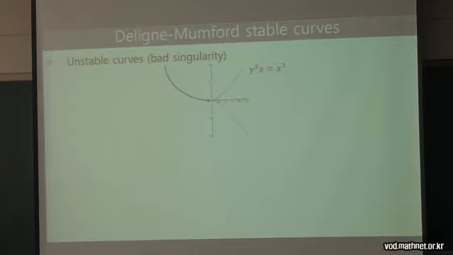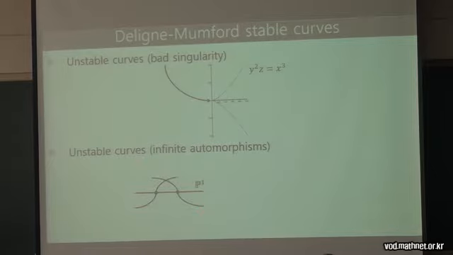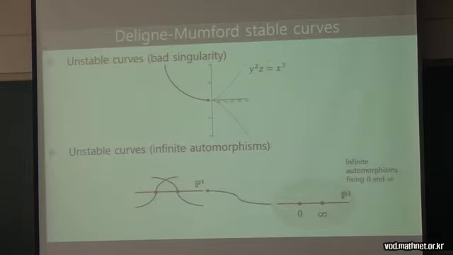For instance, in this case of nu bigger than or equal to 5 and m huge, the ordinary cusp is even too bad to be semi-stable, and this is a curve with too many automorphisms. There are lots of automorphisms of P1 that fix 2 points, right? Infinitely many automorphisms fixing 0 and infinity.